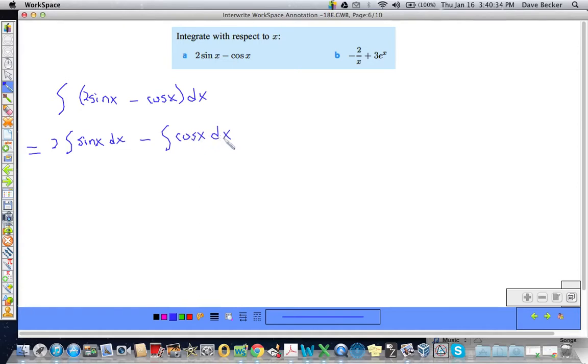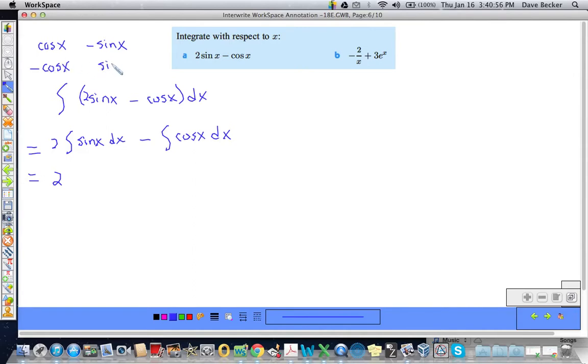These are equivalent. Okay, so you have to ask yourself, what do I have to take the derivative of to get sine? Well, we know that if I have cosine x, its derivative is negative sine x. But I need to get positive sine x, so that's why the integral of sine x is negative cosine x.